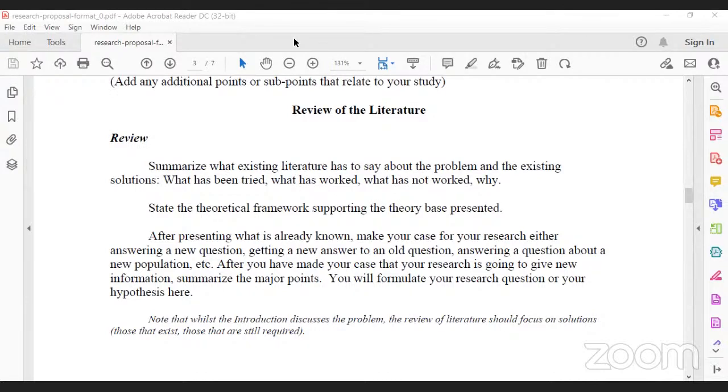So let's talk about how to write a literature review. Suppose a literature review was done on banking personnel, and it was done on clerks. What are the staff which are there in banking?